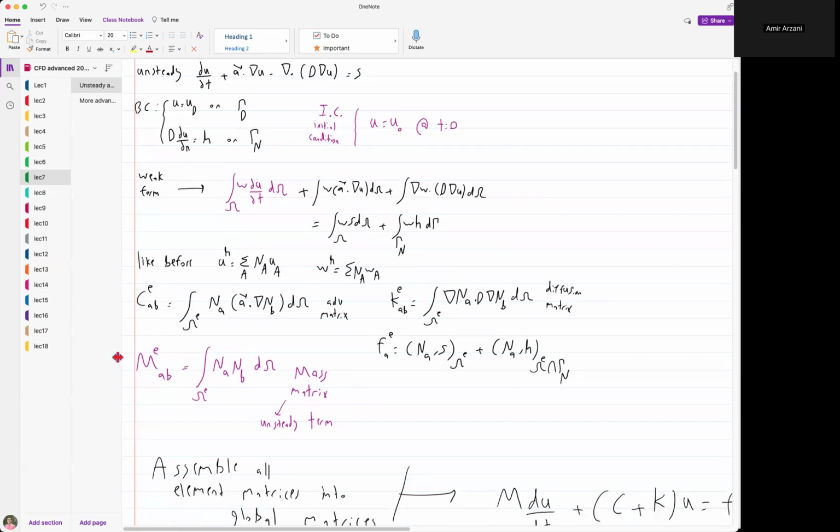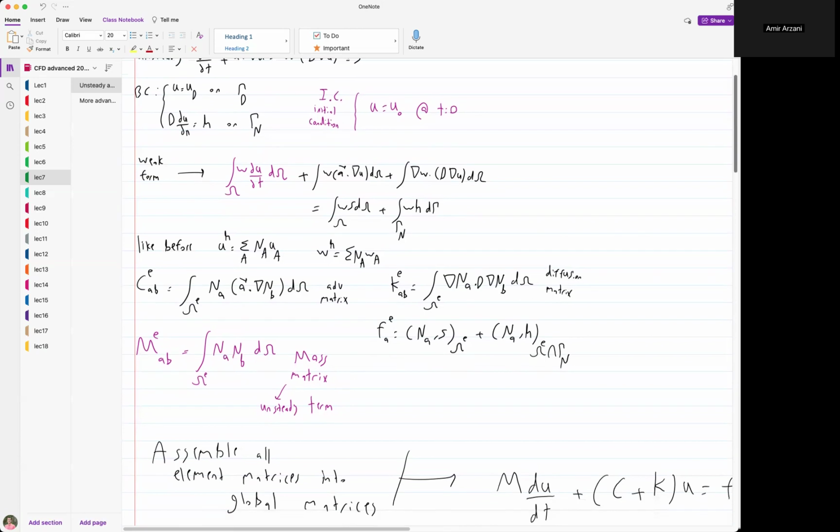And then the new matrix that we have here is the so-called mass matrix, which comes from the unsteady term. So that essentially comes from this term here, where we have this multiplication of the same shape functions, assuming we're doing Galerkin approximation.